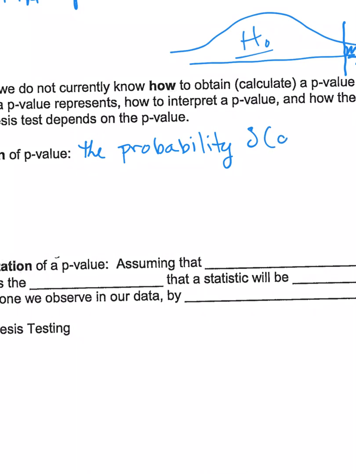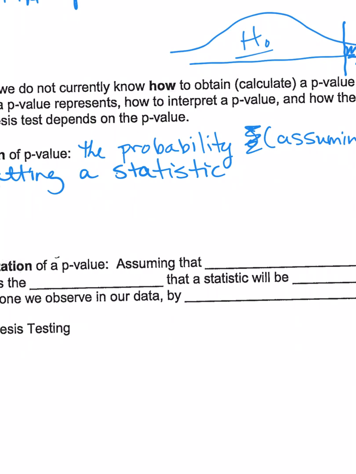and we're going to assume it's true. Assuming H naught is true, because that's what we said H naught was, right? The probability, assuming H naught is true, of getting a statistic, our statistic would be our X bar, our P hat, right?